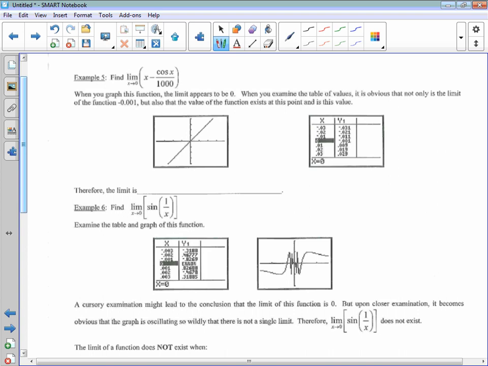If you just look at the graph, doesn't it look like it's approaching 0? But look at your table. What is it actually approaching? Negative 0.001 is actually the limit. Okay, so if it's a calculator part, use your table.